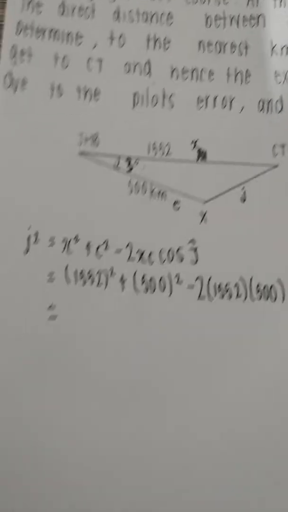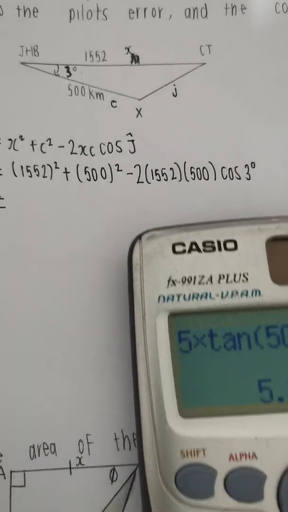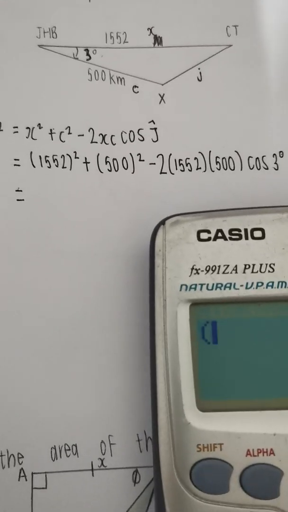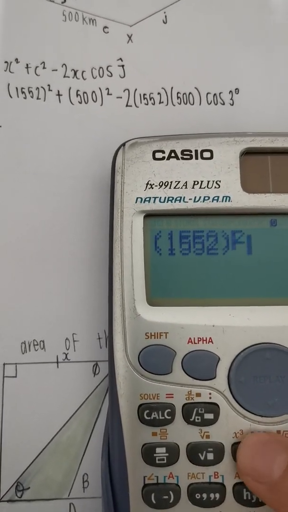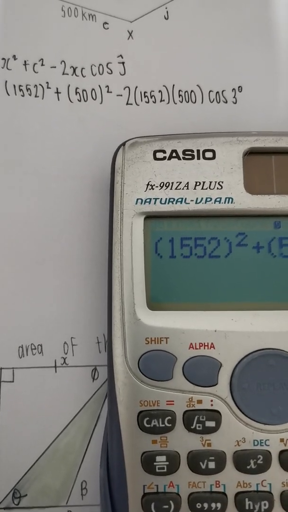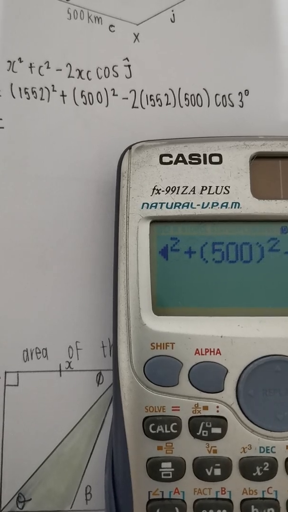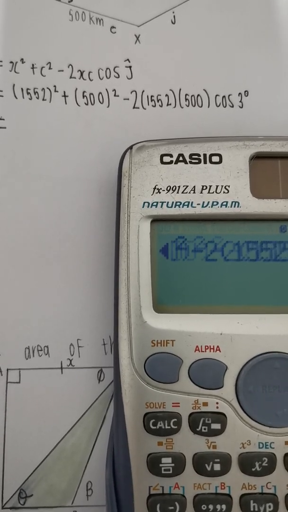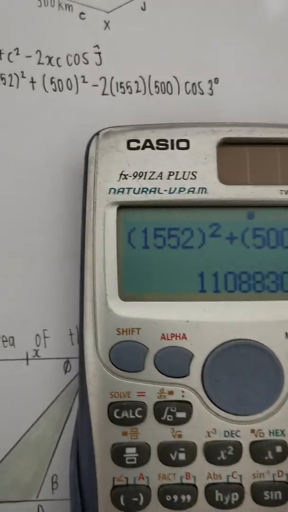Oops. So I'm plugging this in onto the calculator. Don't forget to square root.